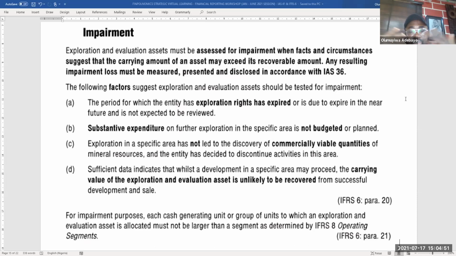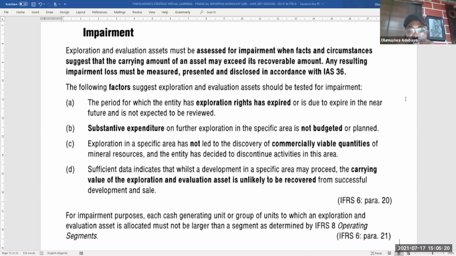But at the end of the day, when you look at it holistically, the bulk of revenue or economic benefit associated with the developmental field that is commercially viable is not sufficient to cover the entire cost of your E&E assets, as the case may be. Therefore, all of this signifies that there is an impairment, and you need to assess it by estimating your recoverable amount and comparing that with your current amount of E&E asset.